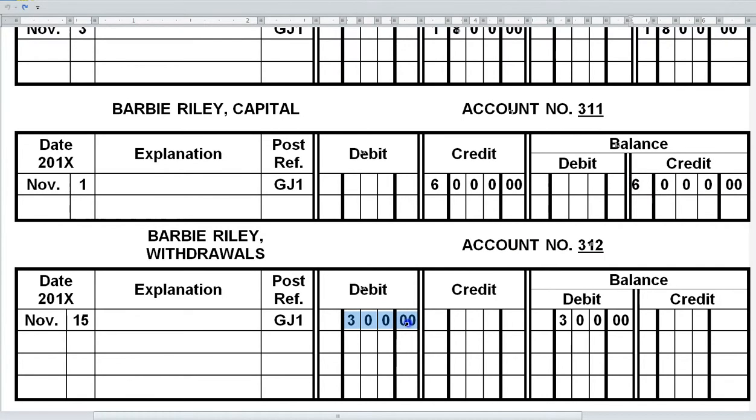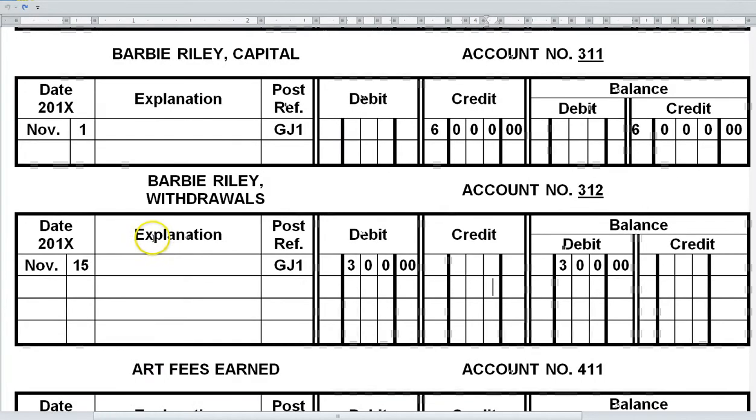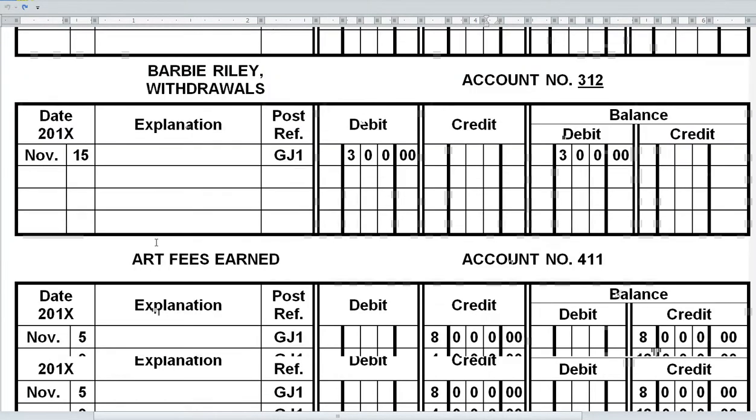When we do our closing entries, we're going to debit Barbara Riley capital in order to decrease by that $300, and the closing process would require a credit to close that account out, and you'd have a zero balance over here, because like expenses and revenues, the Bobby Riley withdrawals account is a temporary account.